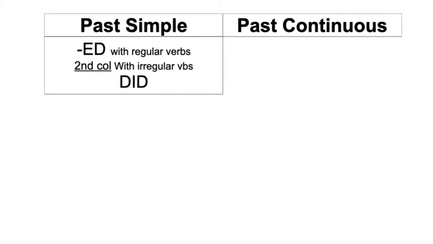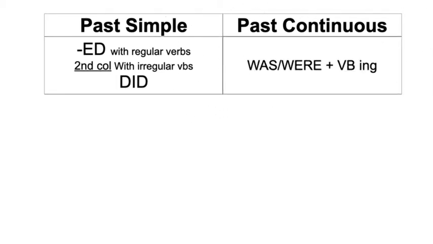For the negative and the interrogative, we always use the auxiliary did, as in present simple. Remember that as did already indicates past, we no longer use ed or the second column. So we use did and the verb in infinitive.